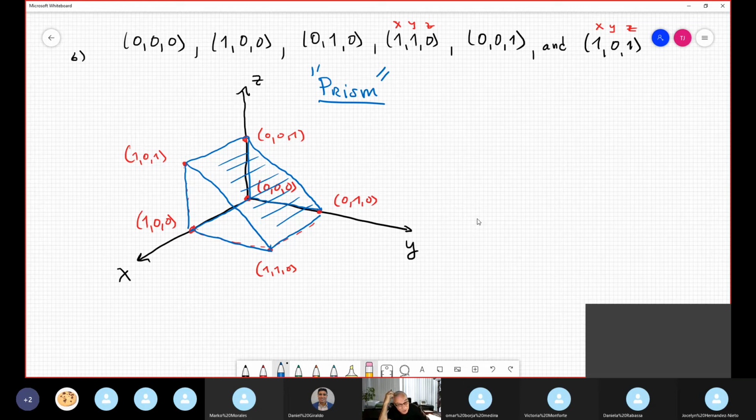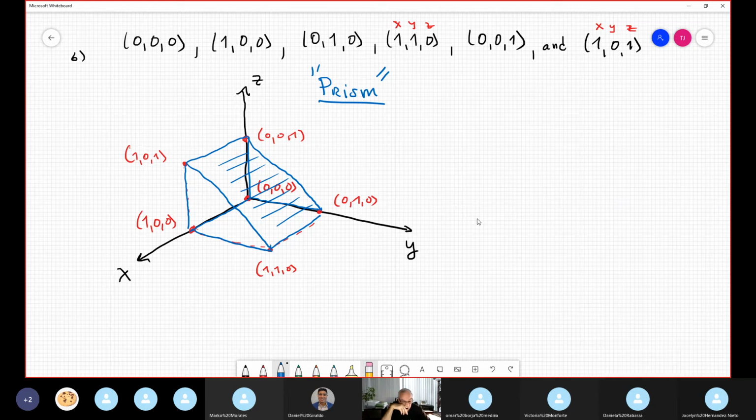Okay, so I need to find the volume. I suppose the volume, in this case, we can use a double integral or a triple integral, either way. However, if you decide to use the double integral, suppose I integrate in this direction, from this to this.